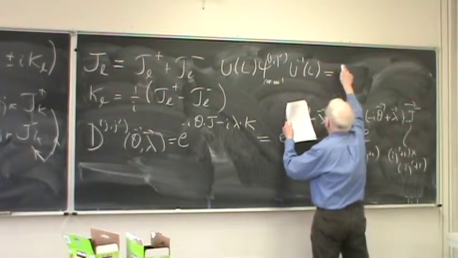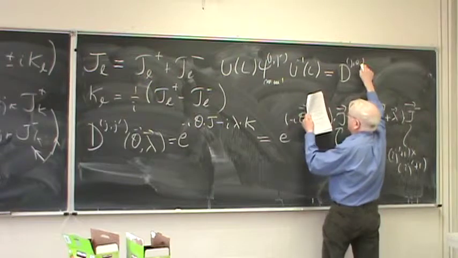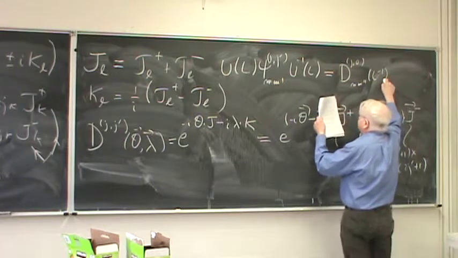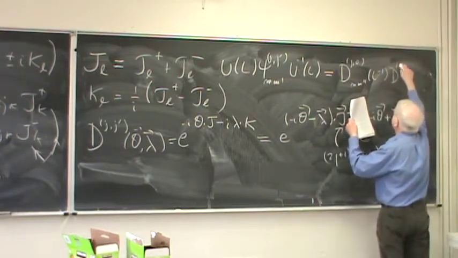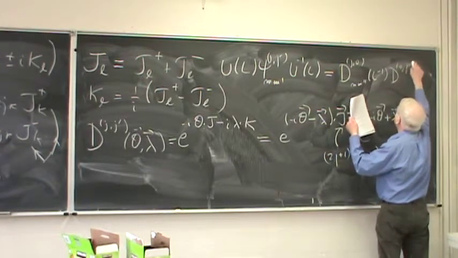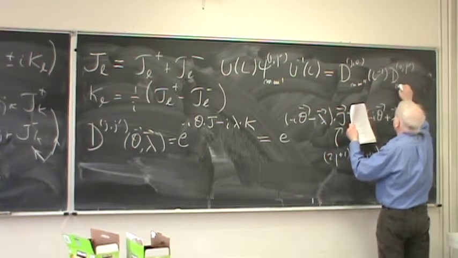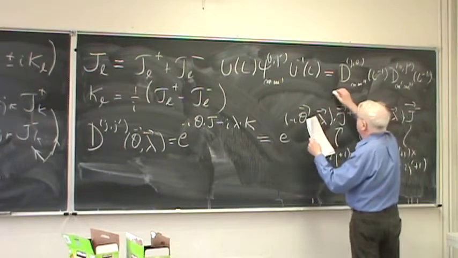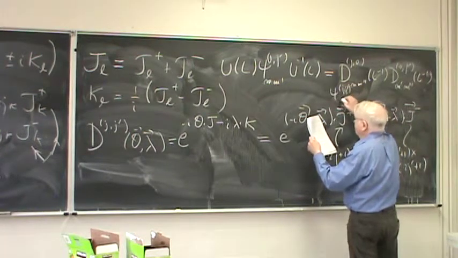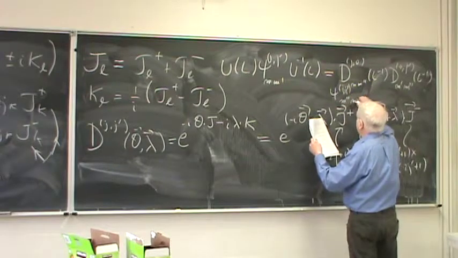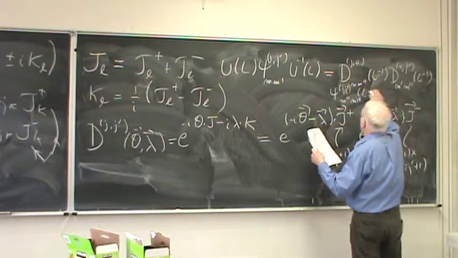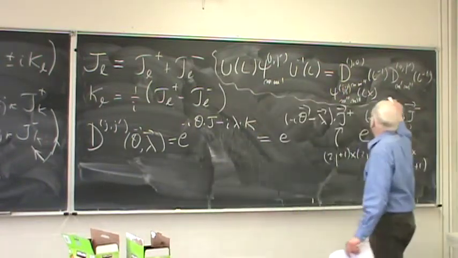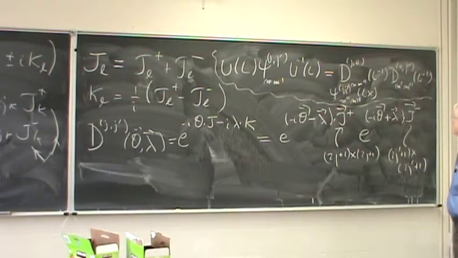And then this is a D^J_{MM''}(L inverse), and then a D^{J'}_{M'M'''}(L inverse) times psi_{JJ', M''M'''}(Lx). So that's how fields transform.